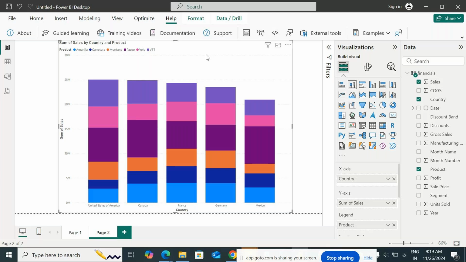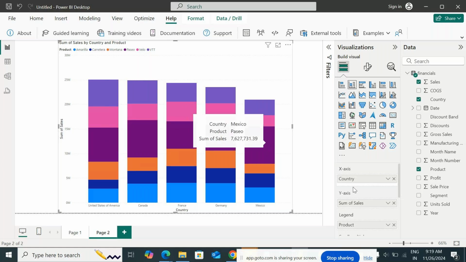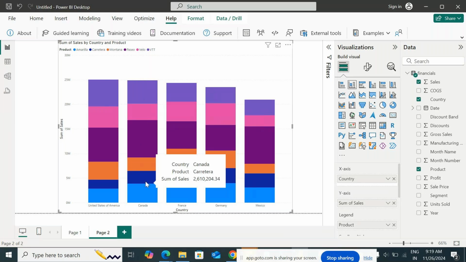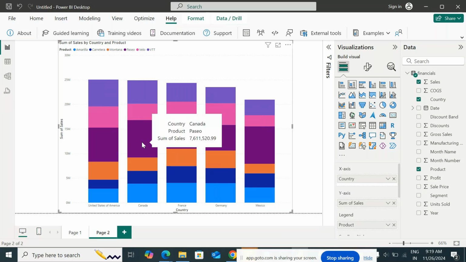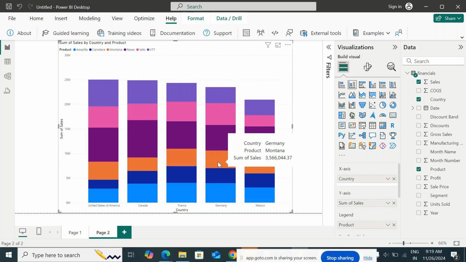Though you have a product level comparison, you cannot tell, for example, whether Montana in United States is higher or Montana in Germany is higher.